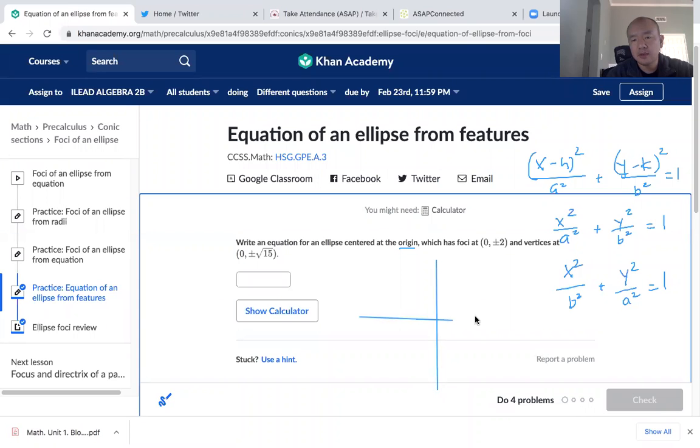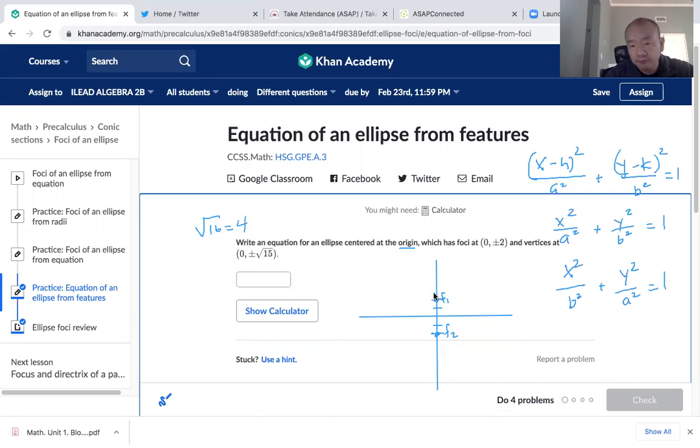So here's an xy axis right here. If we graph this, 0 plus or minus 2, here is 0, here's F1, the focus 1, and here is focus 2. Then 0 plus or minus radical 15. Radical 15 is really close to radical 16, and radical 16 is 4.